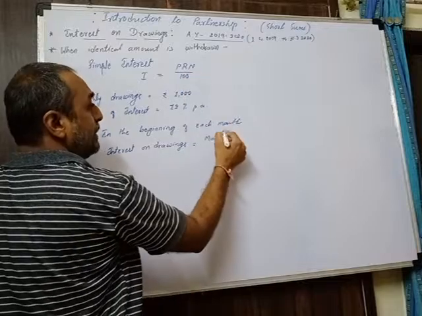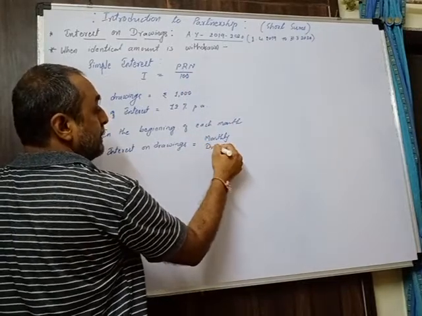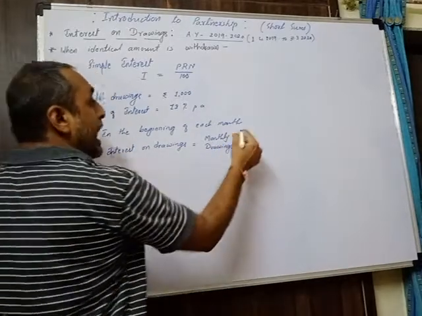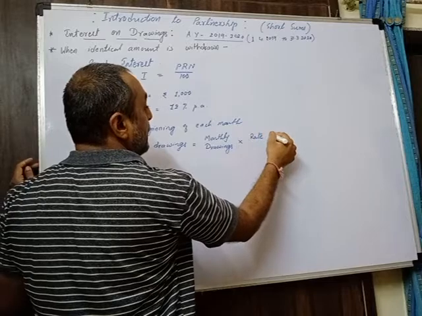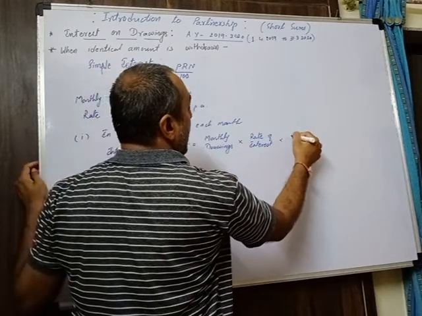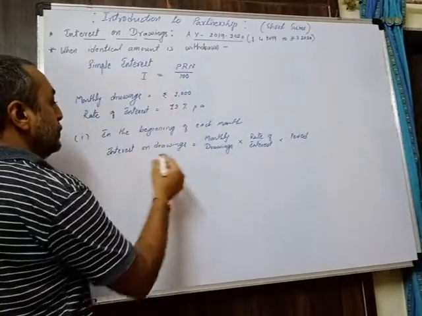That is the same thing, but for our convenience I am showing you this: monthly drawings. P means principal amount, so that is monthly drawings over here. R means rate of interest, and then the period that we have to consider.